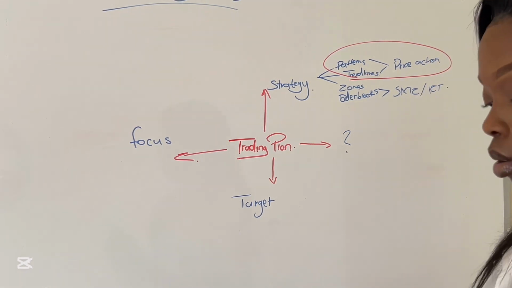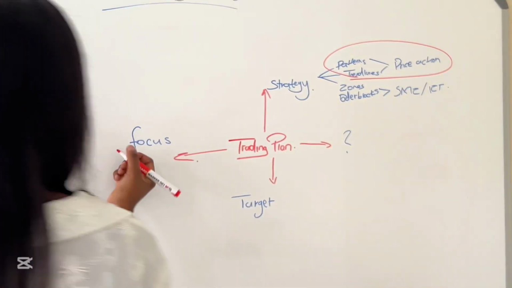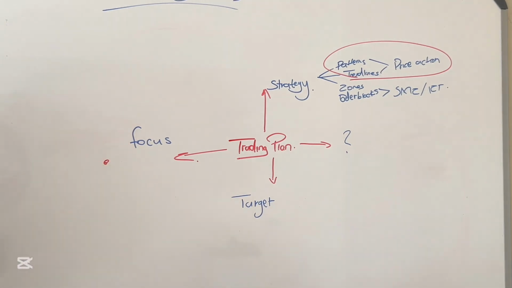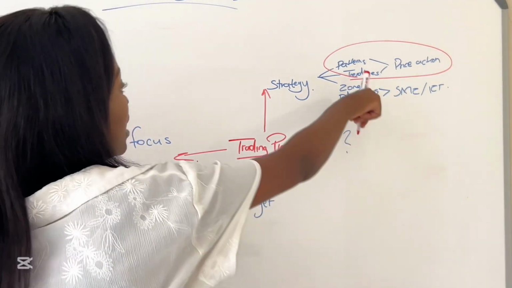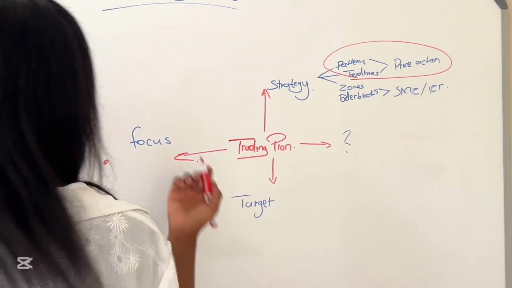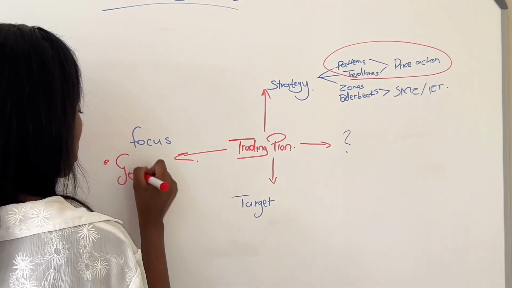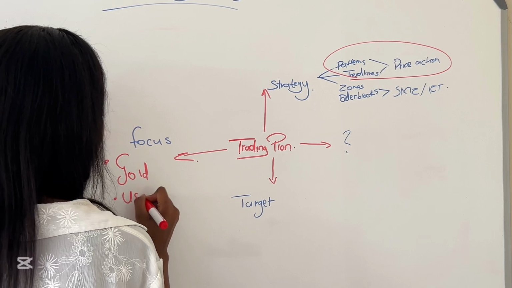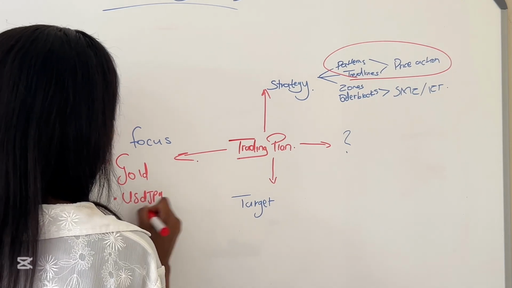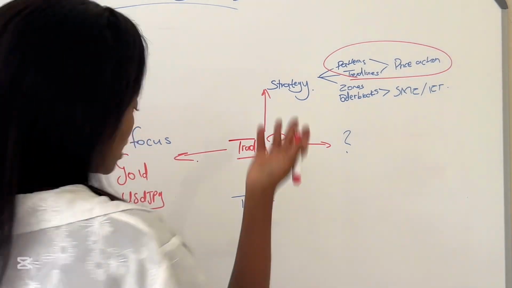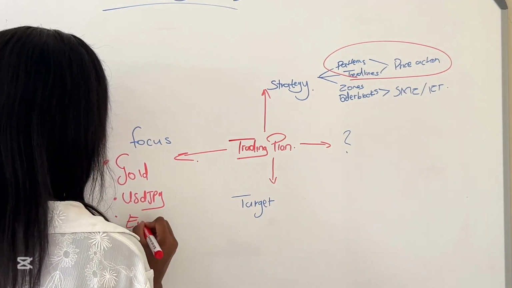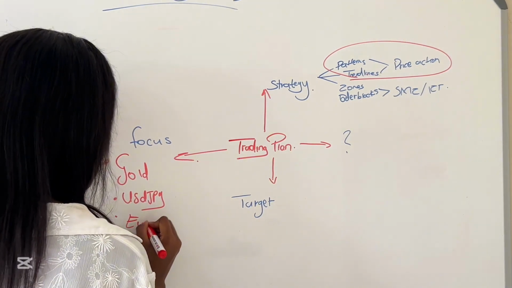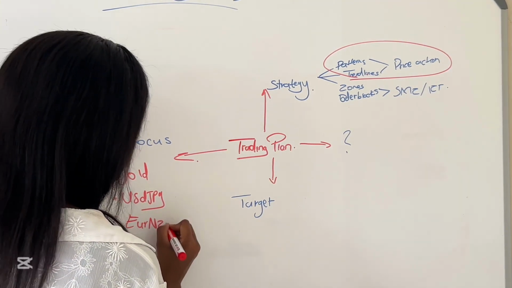So the next thing is focus. When we talk about focus, we're talking about what are we focusing on? The strategy, where are you going to implement it? I implement the strategy on gold. I implement the strategy on USD/JPY. I implement the strategy on Euro, Euro NZD.